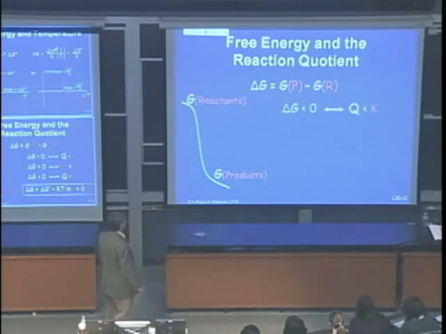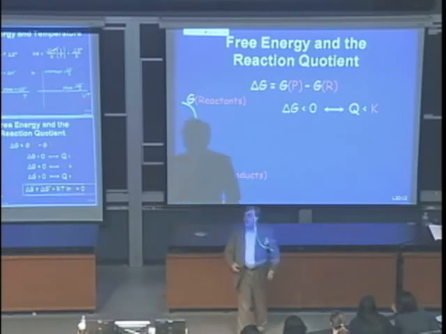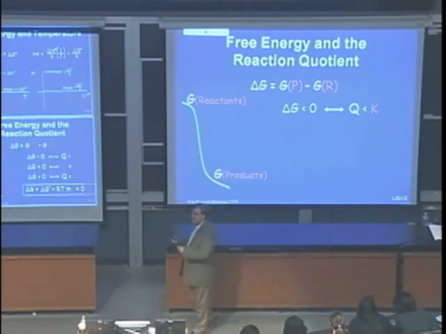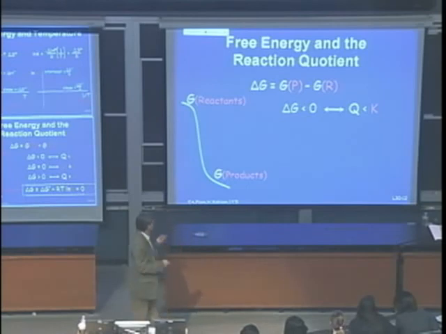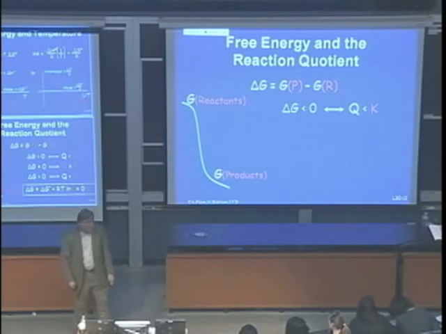Then I look at it again and measure the concentrations at 5 seconds, and I get a different reaction quotient. Then at 7 seconds I get a different one. I have different free energies of the products and different free energies of the reactants. So the delta G of the reaction at the real condition I'm in is changing, because this free energy and this free energy change.